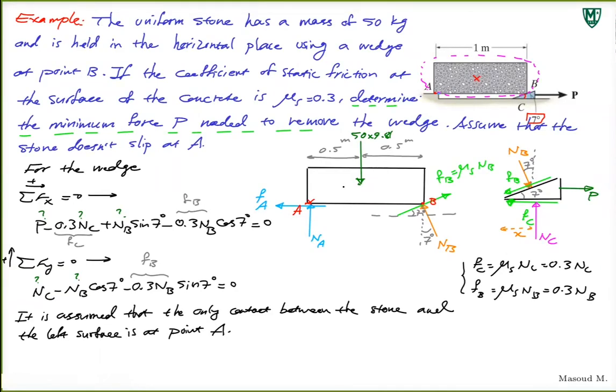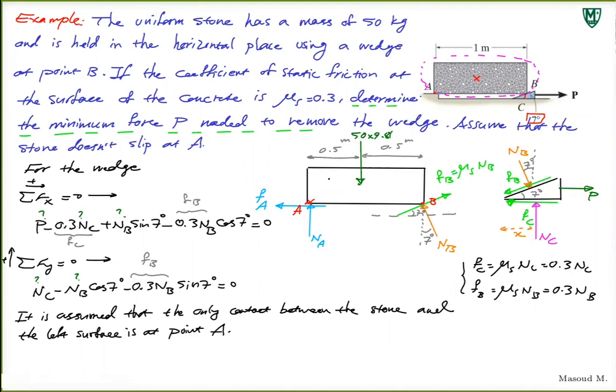NB, principle of moments, instead of finding the perpendicular distance between NB and point A, which can be difficult, we're going to decompose NB into NB in X direction and NB in Y direction. The X component of NB is passing through point A, so it doesn't create any moment. The Y component of NB is 1 meter away.